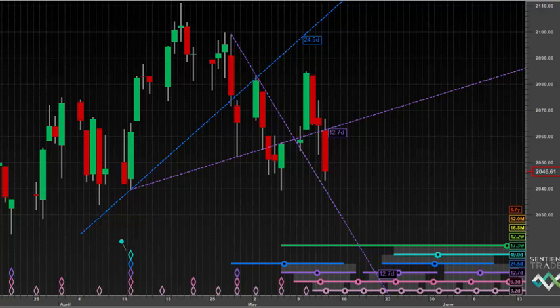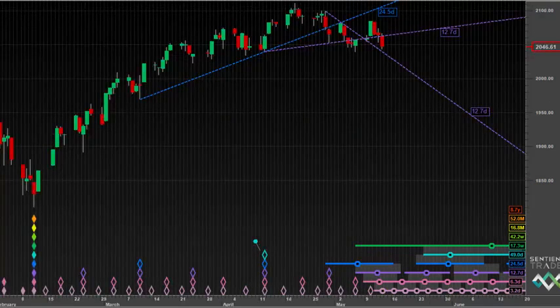Now, why don't we have a downward pointing 80-day cycle VTL here? It's because a VTL has to follow certain rules, and the primary rule of the VTL is that it must join the peaks of 2 consecutive cycles. So here's the first 80-day cycle. Here's the peak of the first 80-day cycle.